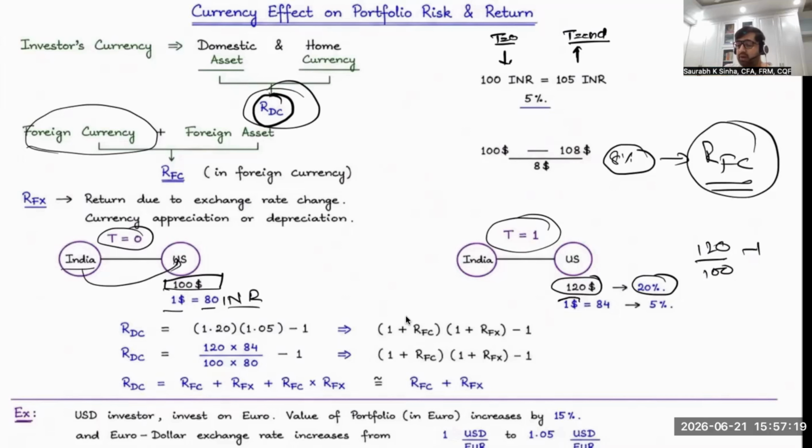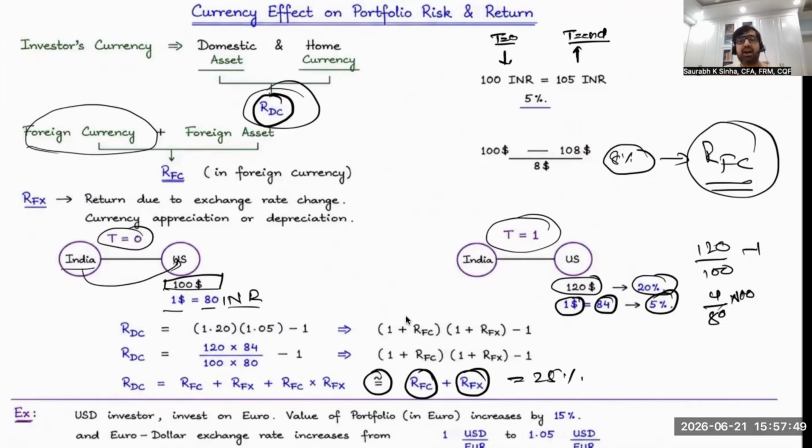But the foreign currency, USD, appreciated by 4 INR, which is 4 upon 80 into 100, roughly 5%. So if you want to convert this into a return in domestic currency, roughly the return would be 20% plus 5%, that is 25%, roughly. That's fine.